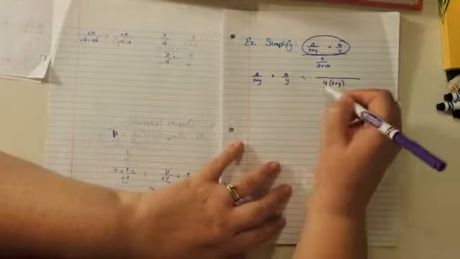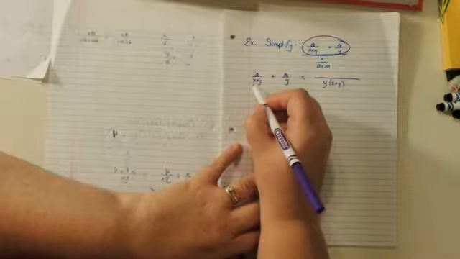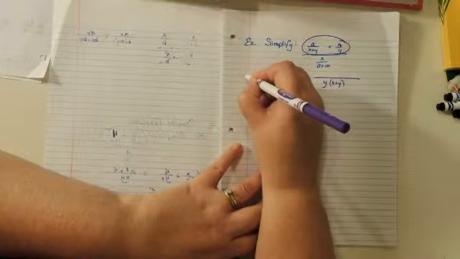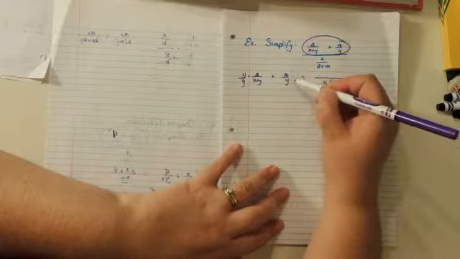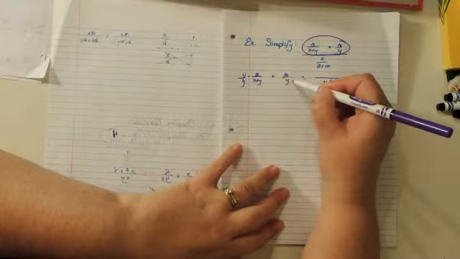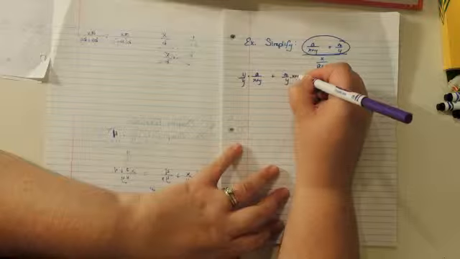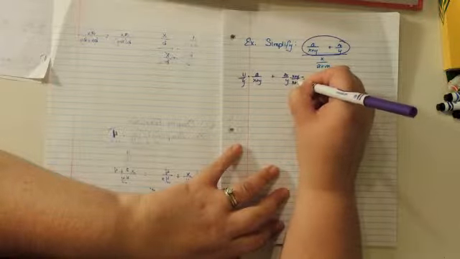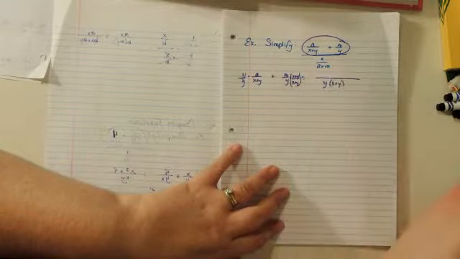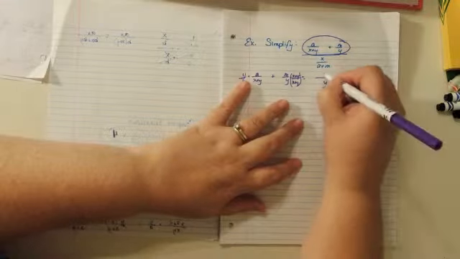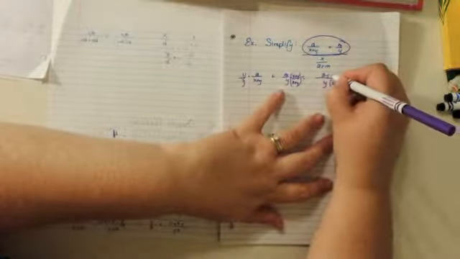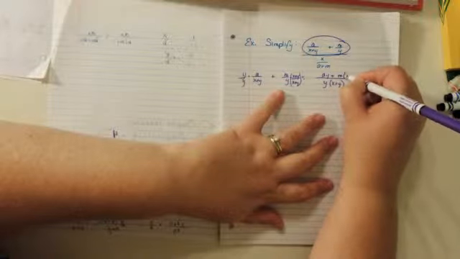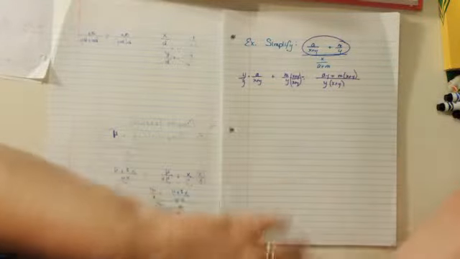Okay? In order to get y times x plus y over here, we're going to multiply the top and bottom times y. In order to get y times x plus y here, we're going to multiply the top and bottom times x plus y. Okay, so over here we end up with ay, and here we're going to end up with m times x plus y.